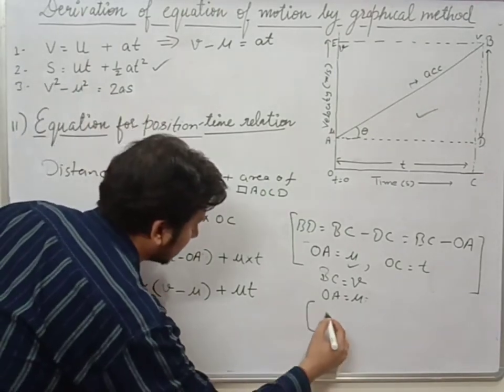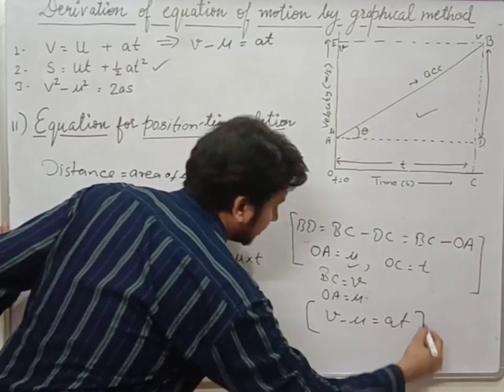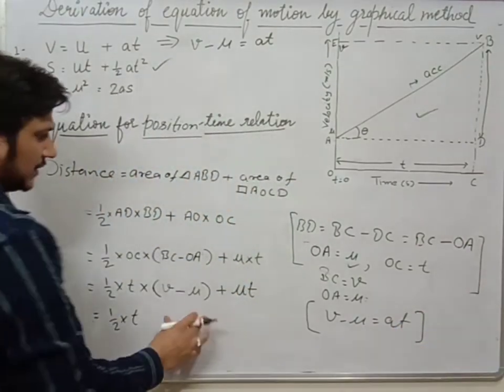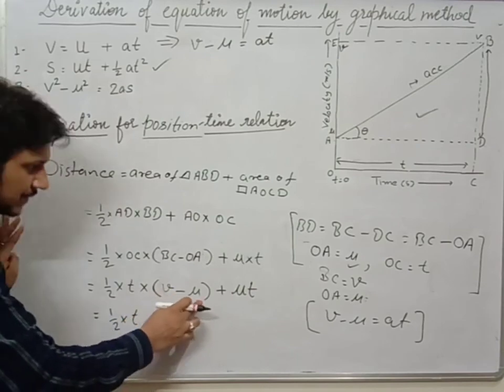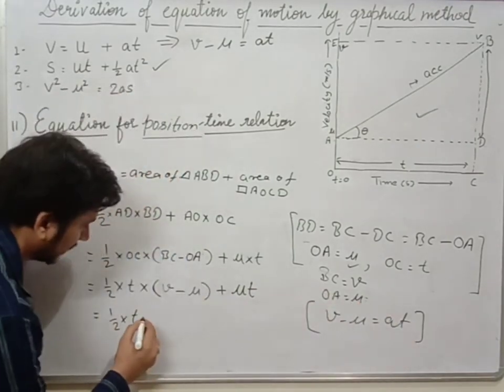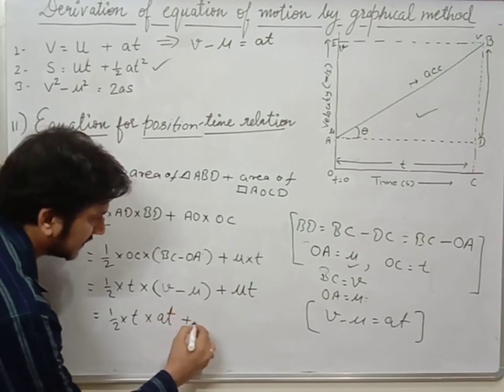Because we know that V minus U equals AT, we will put AT instead of V minus U. It equals half AT plus UT.